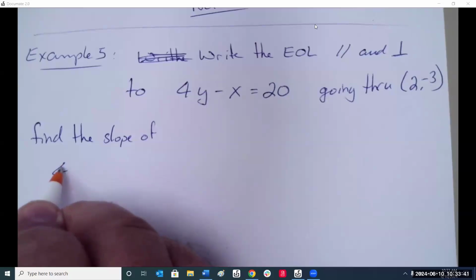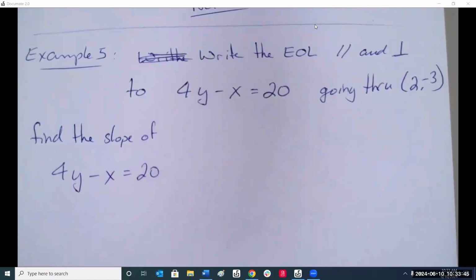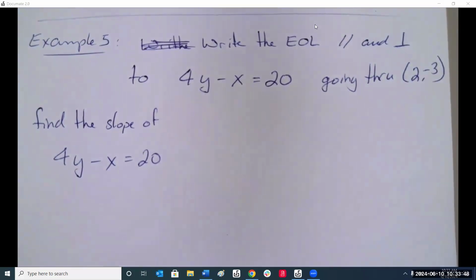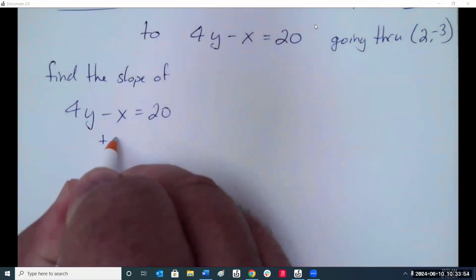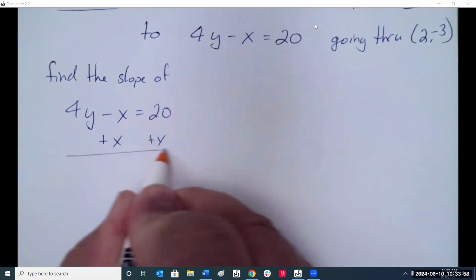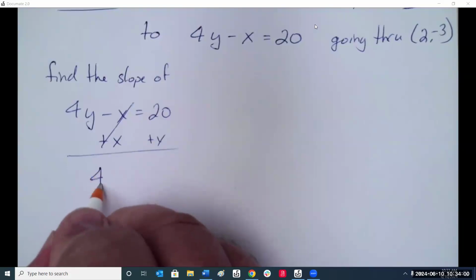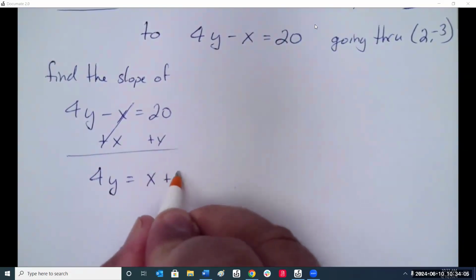So find the slope of the equation 4y minus x equals 20, because we have to know what it's parallel or perpendicular to. So solve for y, because it has to be in the y equals mx plus b form.